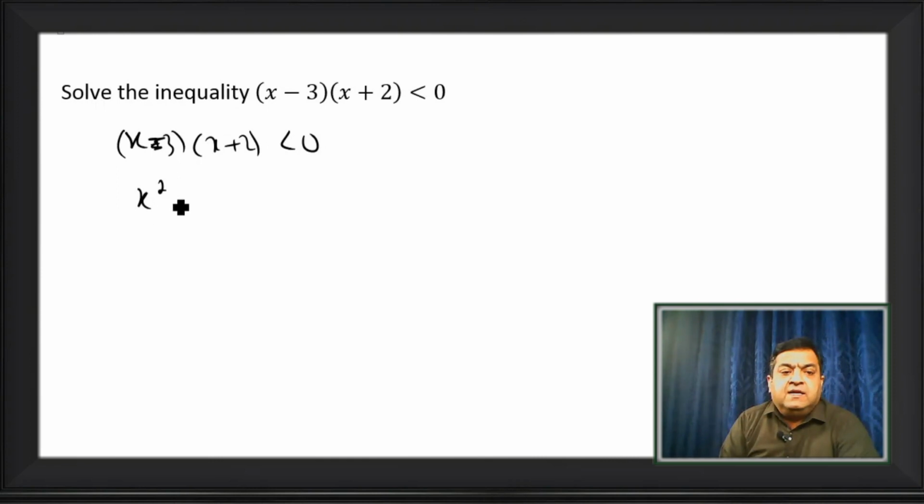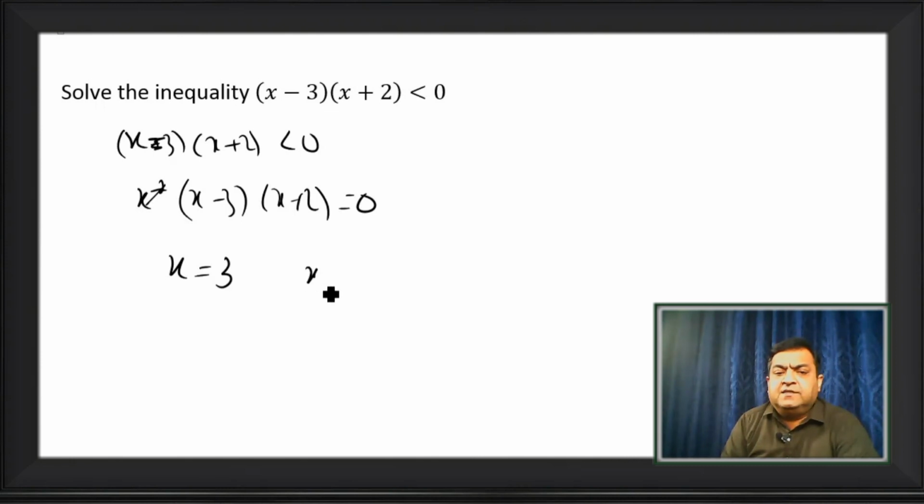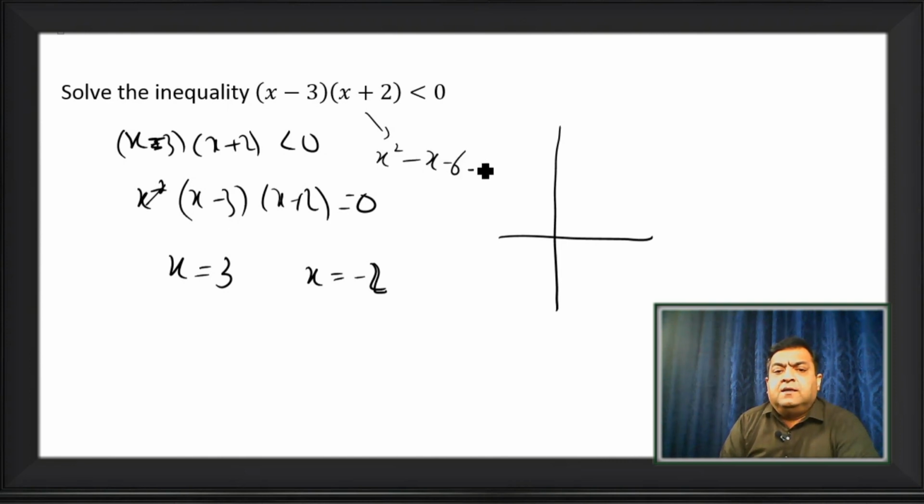We will form the equation (x - 3)(x + 2) = 0 to get x = 3 and x = -2. So these are two roots where the graph intersects, and you can see that the coefficient of x² is positive, so the graph will be of the first type.